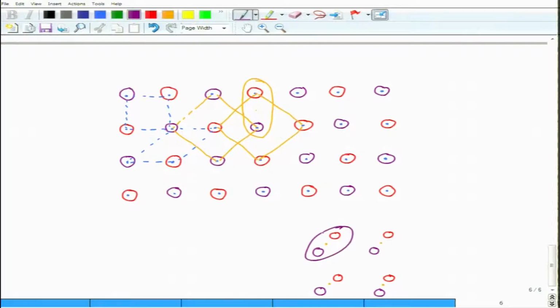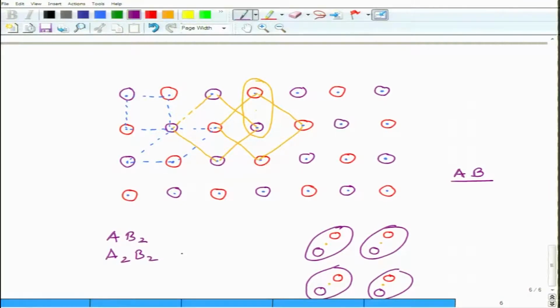So, this is a group of atoms or a molecule. This is a simple example of an AB kind of molecule. You can have much more complicated ones. You can have AB2, you can have A2B3 and so on and so forth.